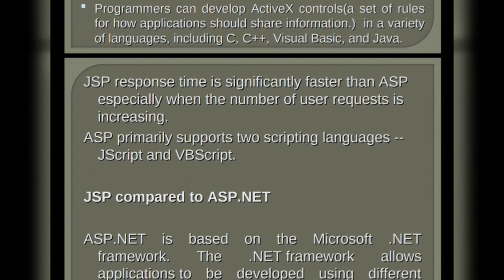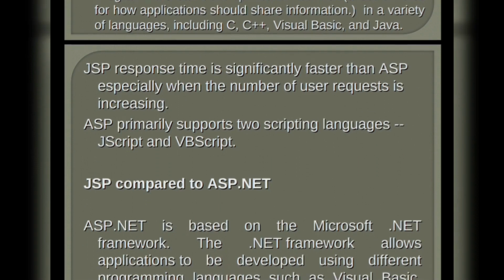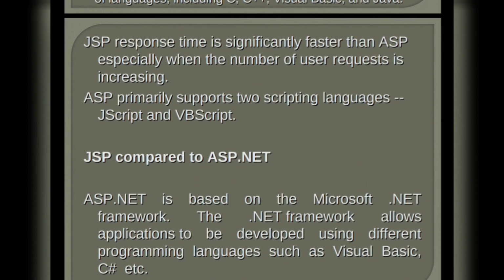The increasing number of requests will not affect it. ASP primarily supports two scripting languages, JavaScript and VBScript, VBScript from Microsoft and JScript. JSP does not support VBScript, only JavaScript.